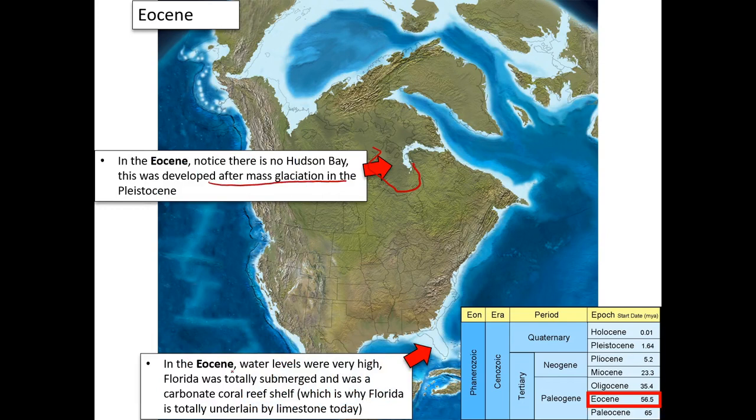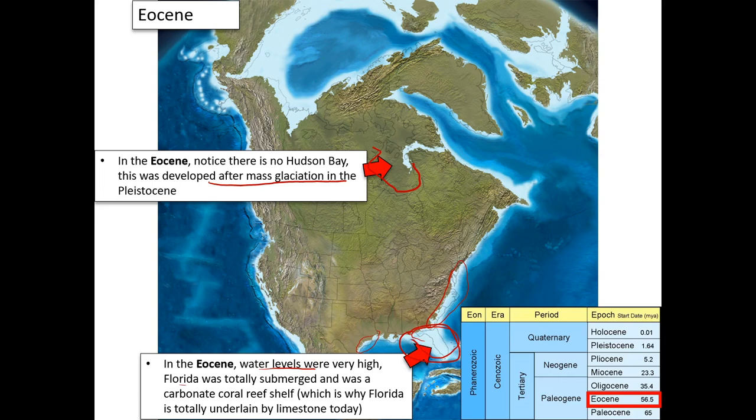Okay. Notice that during the Eocene, water levels were very high. Florida was totally submerged. You could see a lot of the lowlands here were submerged: Georgia, North Carolina, right? Where we're at in Texas was submerged. So this was all carbonate reef. And by the way, at this time, Florida was a very active limestone coral reef.